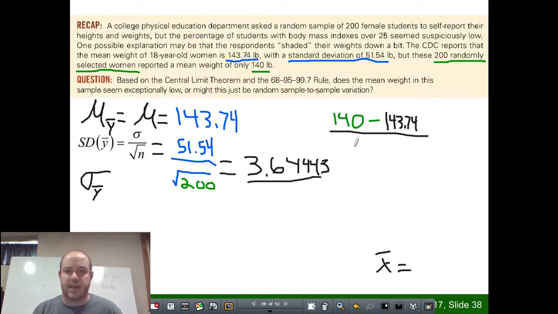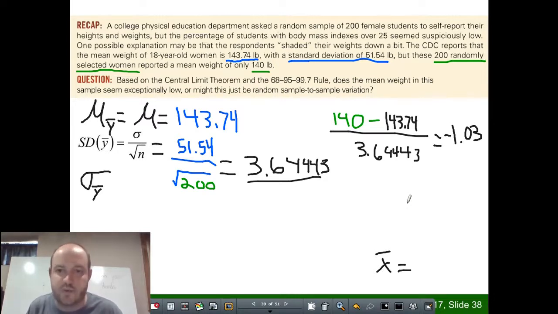We want to use this guy. So we're going to divide that by the 3.64443. All right. Now, if we do that, we end up getting negative 1.03. Now, in your calculator, you're actually going to get negative 1.02622, but I'm just rounding, that's negative 1.03.